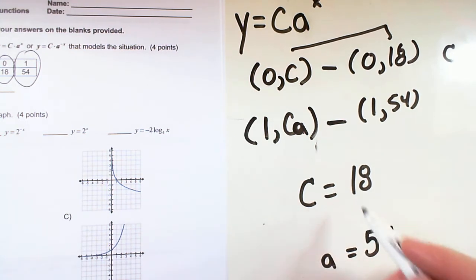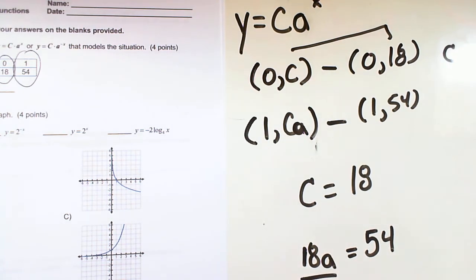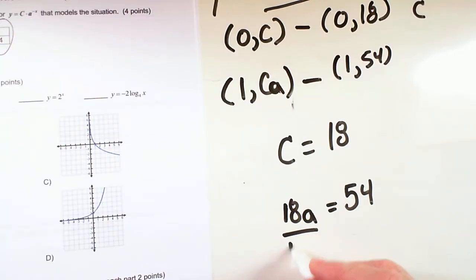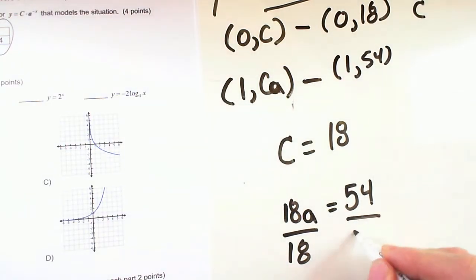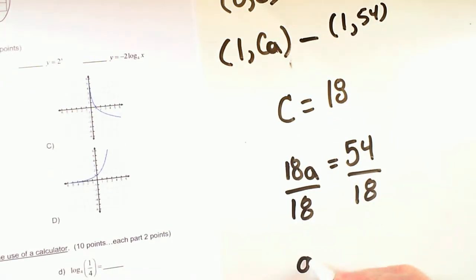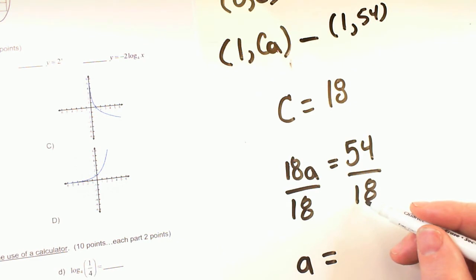Since we know that c is 18, 18a equals 54. Divide both sides by 18, and a will equal 3.